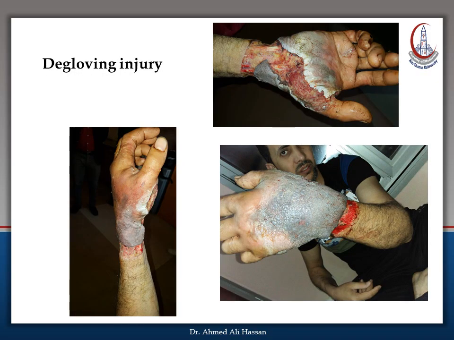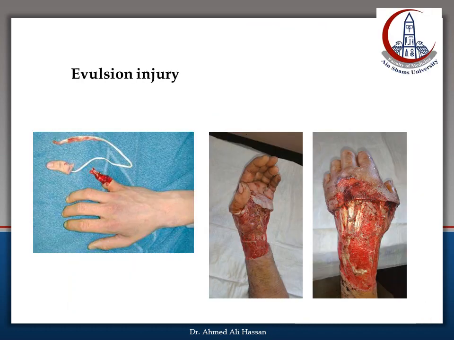This is a degloving injury of the skin of the hand, as you see in the picture. In an avulsion injury, the skin is lost on the dorsum of the forearm and the hand, exposing tendon, or a ring avulsion injury, as seen in the picture here.